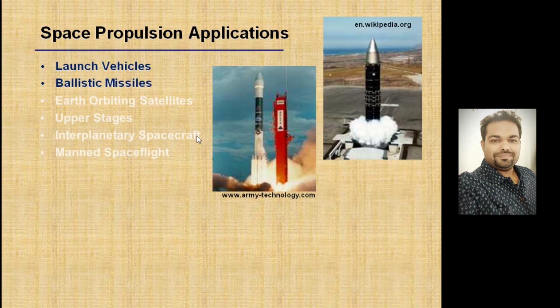And then ballistic missiles. This is one of the wonderful examples of a space propulsion device or rocket, like our Agni series in India. You can take intercontinental ballistic missiles. All those ballistic missiles work on the principle of non-air breathing engines.